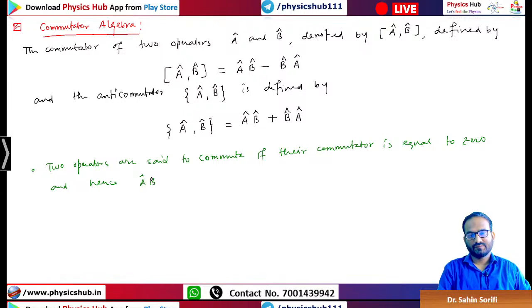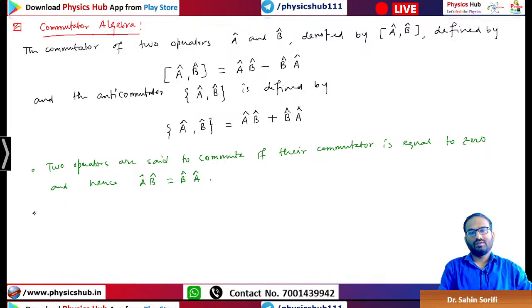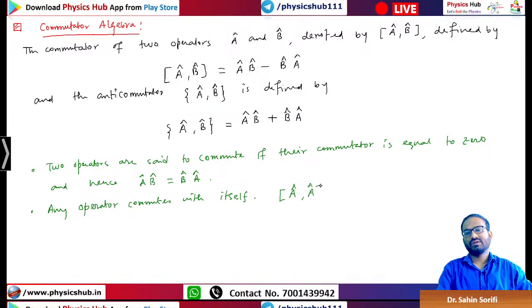We can write AB equals BA. If I talk about any operator, any operator commutes with itself. What does it mean? Let's say you have an operator A, so it will definitely commute with itself.